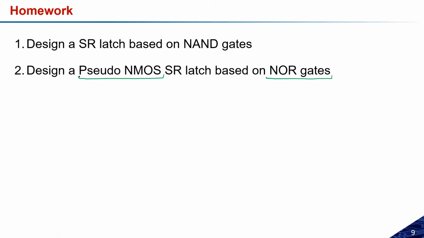We know that the NOR gate structure is something like this. So this is the structure of NOR. But if we talk about the pseudo NMOS NOR gate, then you simply use one transistor on the pull-up side, and on the pull-down side you keep the normal structure you have.